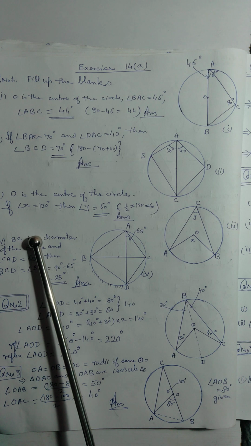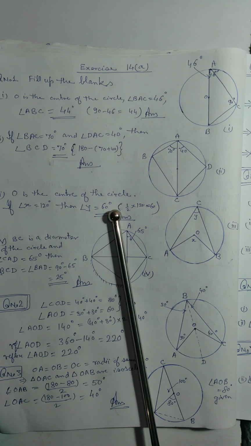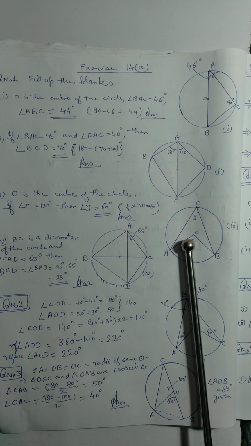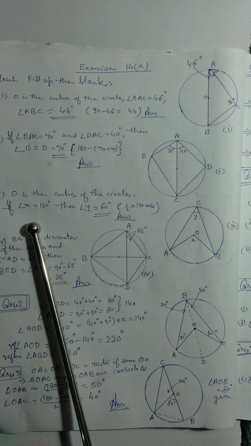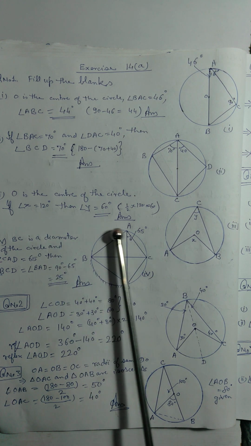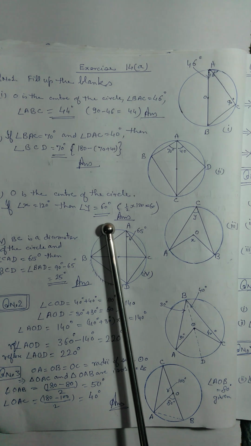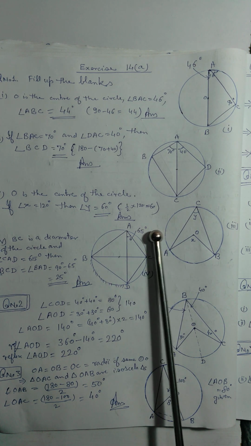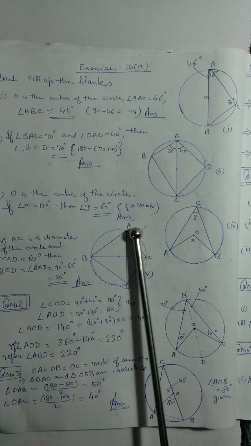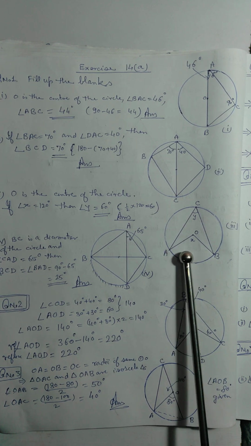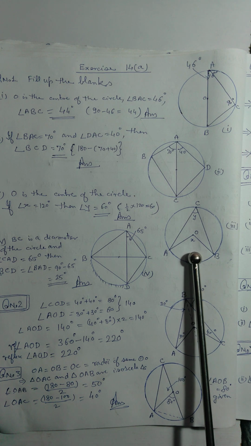Now the third part of it. O is the center of the circle, and if x is equal to 120 degrees, then y is equal to, we have to fill up, half of 120 degrees.